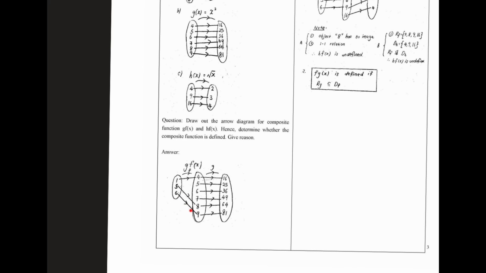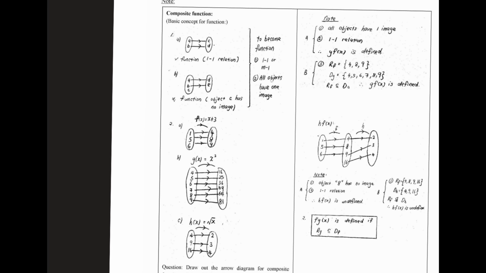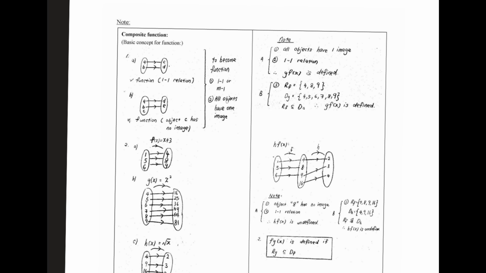This object, one image. These are the objects also. This object, one image. 6, one image. 7, one image. 8, one image. 9, one image. So all objects have one image. Okay, so it fulfills the first condition to be a function.